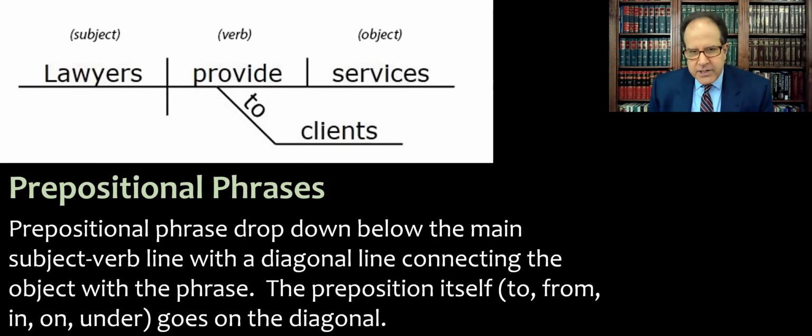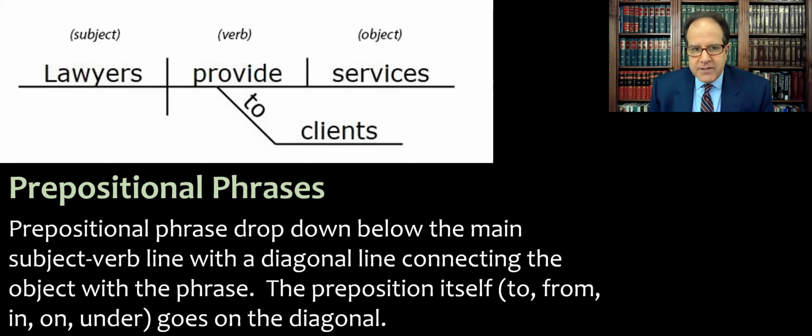So prepositional phrases we put below the main sentence line with a diagonal line connecting the object with the phrase, and specifically, it really matters where you put it, the word that it modifies.